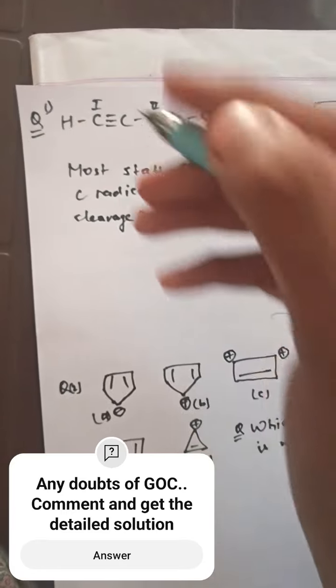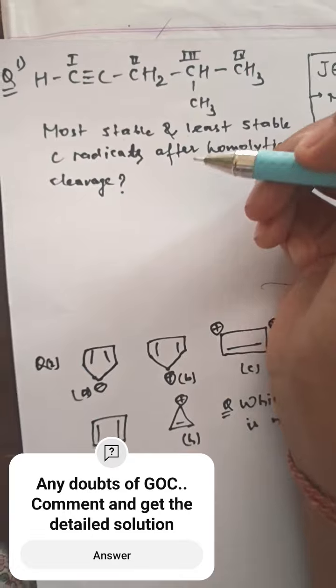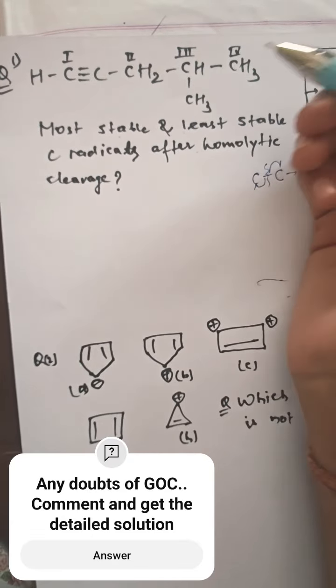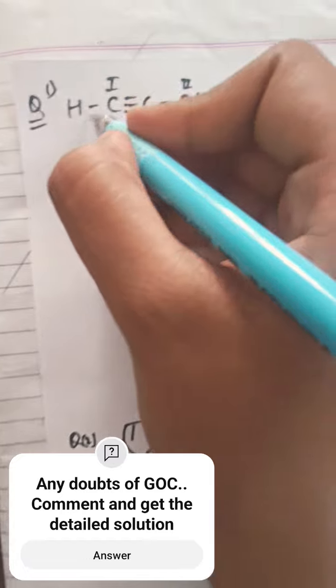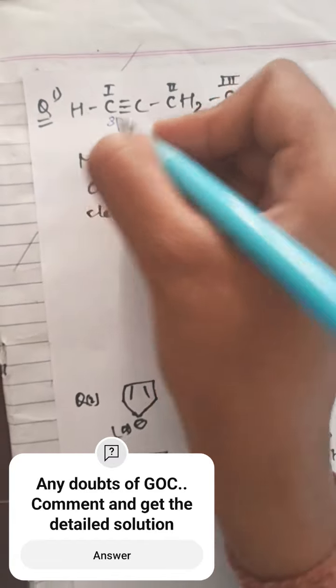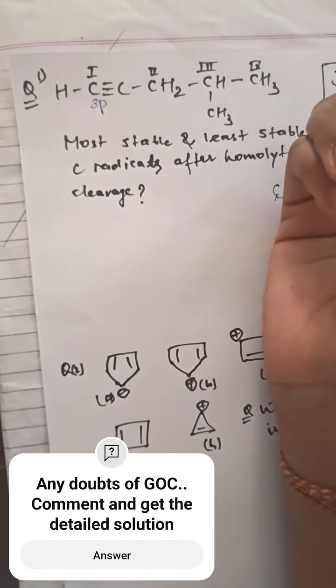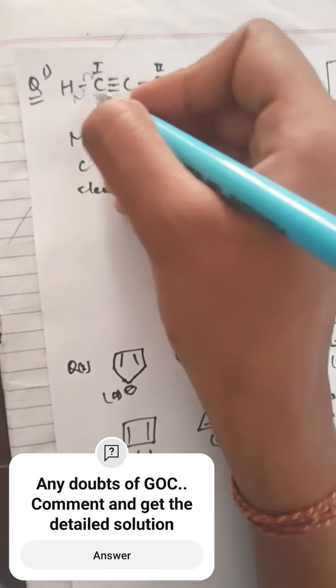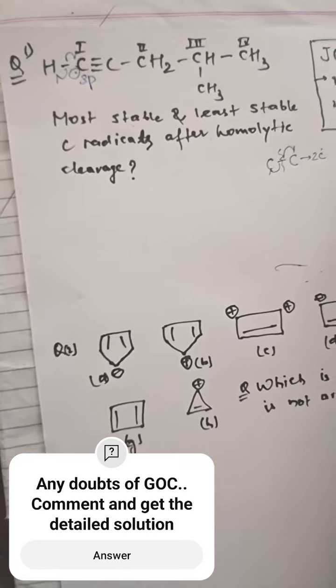Okay, so here we can see it is asking which is the most stable and which is the least stable carbon radical. In this question you can see this is an sp hybridized carbon. If we break this bond, the radical will go on this sp hybridized carbon.